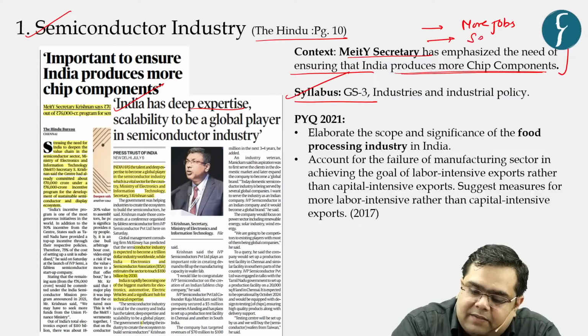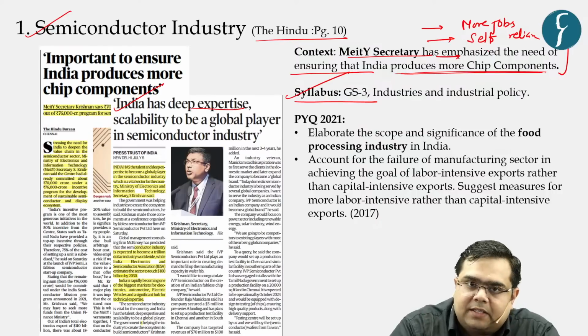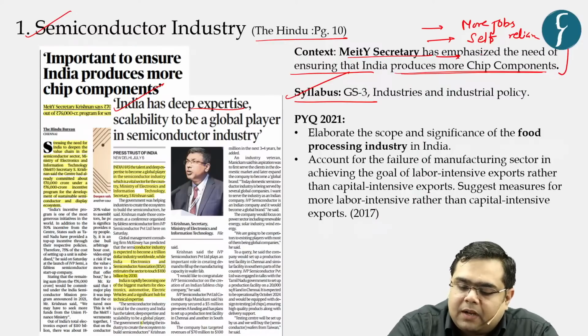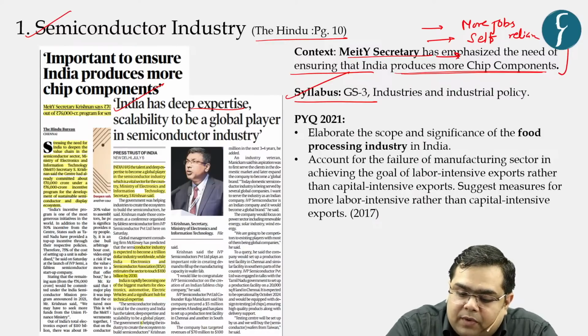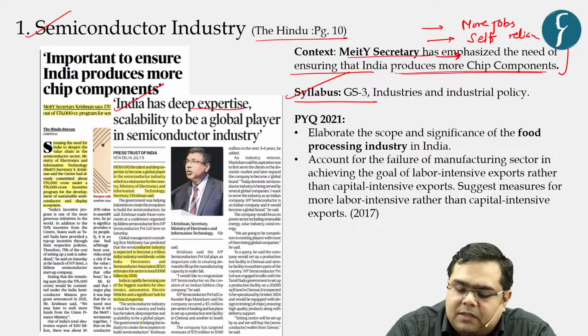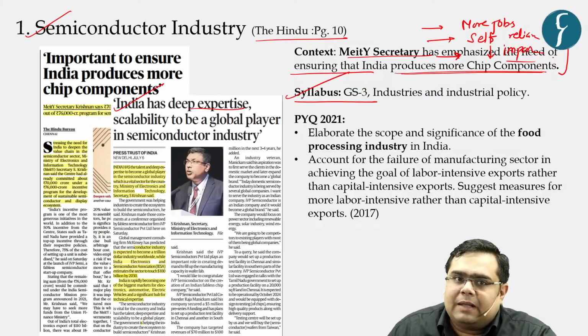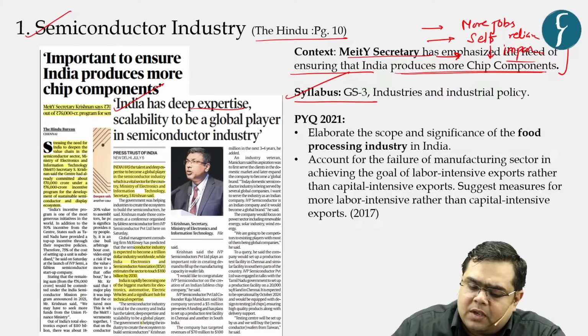It makes us self-reliant. And the third aspect is that till now we are importing most of our semiconductor chips, right? With the help of setting up more and more plants, we will be able to reduce imports in this context, right?